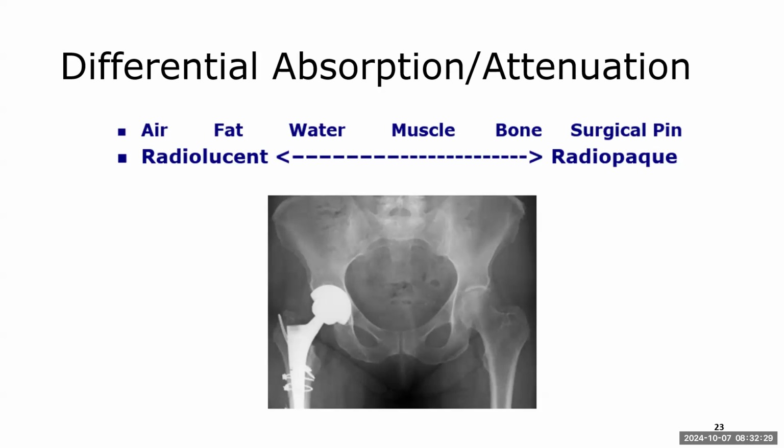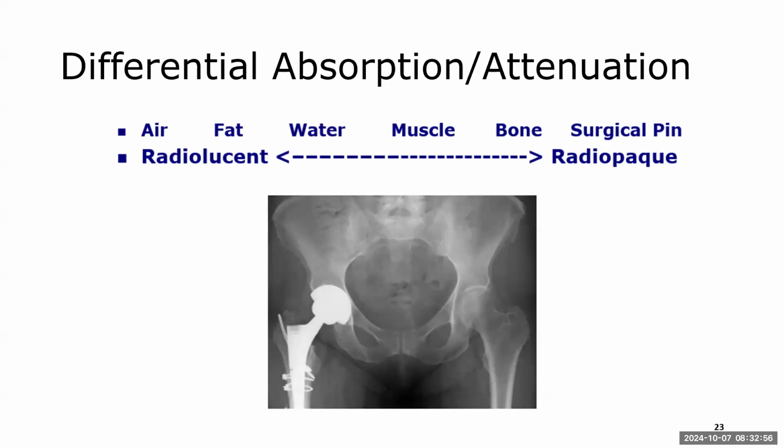Because a lot of those photons are going to make it through the air. What about that surgical pin? We classify that as being what? Radiopaque, right? The photons are being absorbed in the metal of that surgical pin. So in that area of the image, are photons making it through or not? No, they are not.